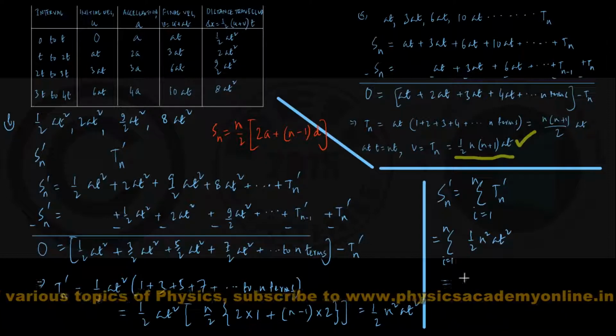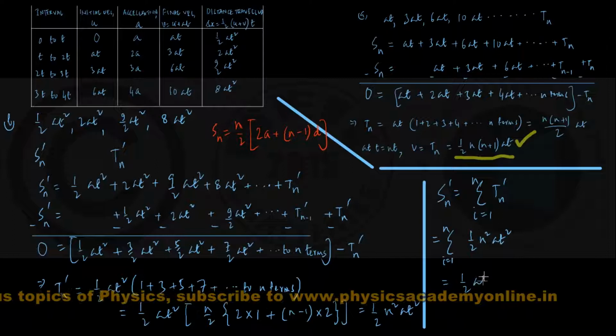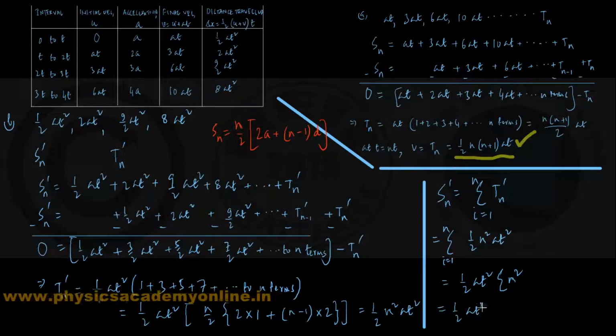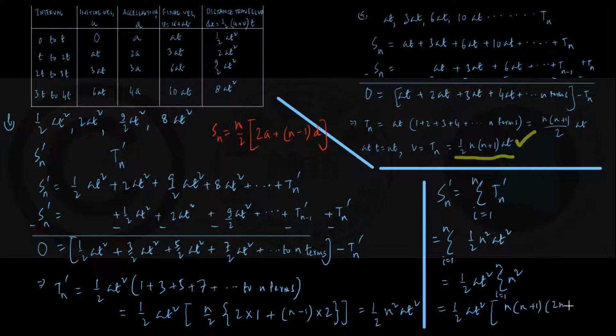From here, I take out half a t square, left with sigma n square. Once again, recalling the formula of progression, this is half a t square into sigma n square, i equal to 1 to n. You can refer to your notes and see this is coming out to be n into (n plus 1) into (2n plus 1) divided by 6.